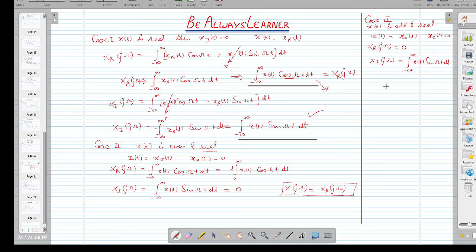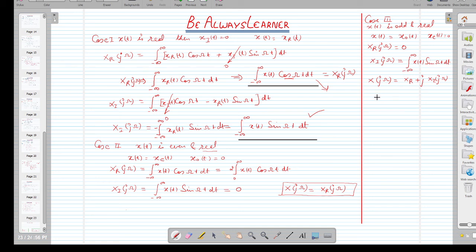So we can write, because we want to compute x j omega. So x j omega is equal to x r plus j of x I j omega. That is by definition we can say like this.